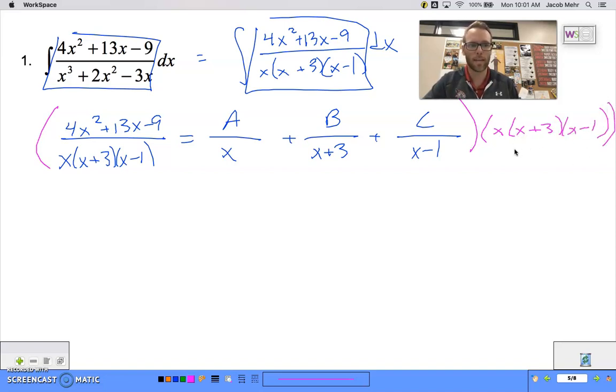Now when we take this times our first fraction, this is equal to that denominator, so they cancel, leaving us with 4x squared plus 13x minus 9.